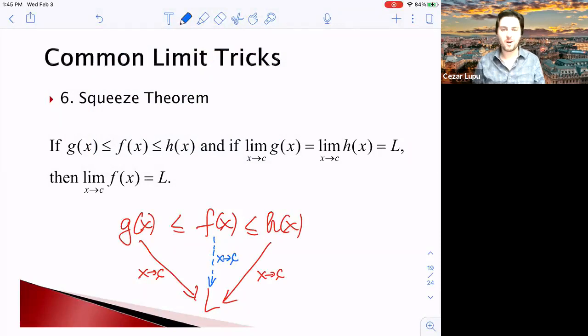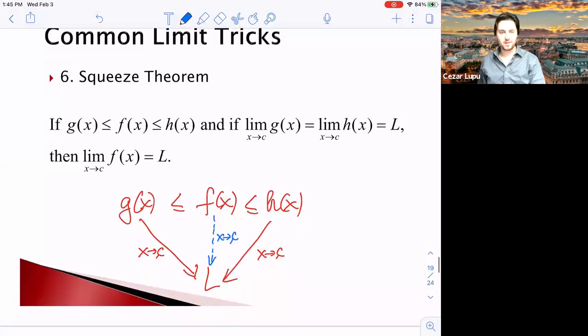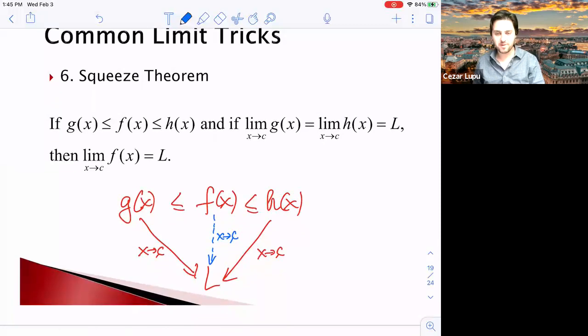Well, in Romania, we used to call it, in a popular language, the criteria for the two policemen. So if the two policemen grab you and they go to the station, there is no way you can escape. You'll get to the station as well because you are between them, right? So the same thing goes here. So this is the squeeze theorem.